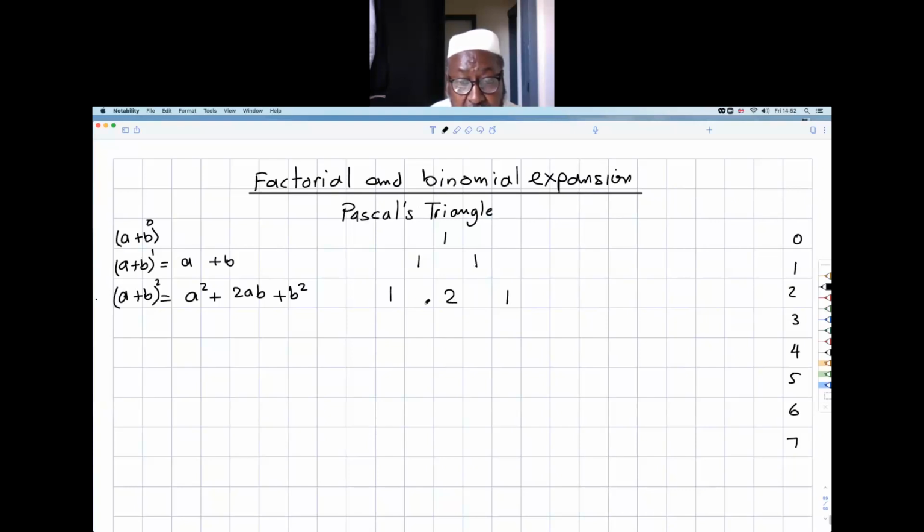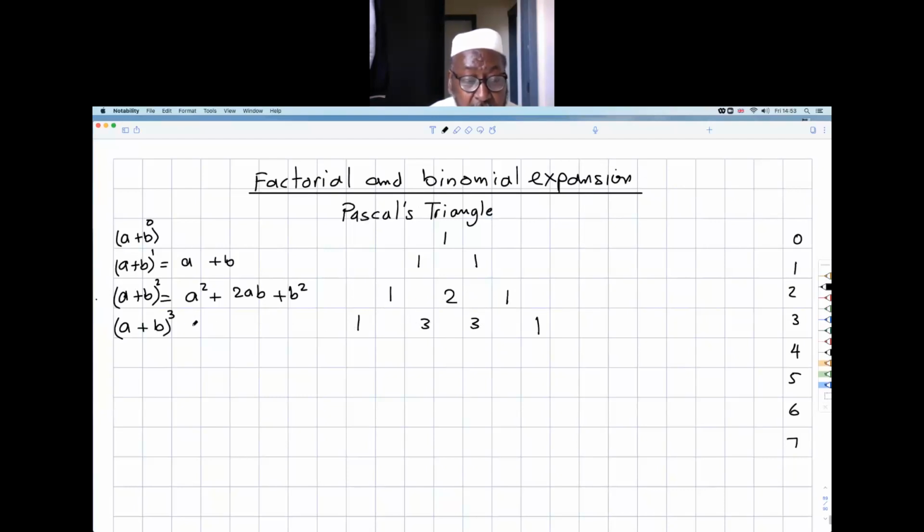2. Now if we say A plus B cubed, we put 1 here for the pyramid and 1 here for the pyramid. 2 add 1 equals 3, 1 add 2 equals 3.